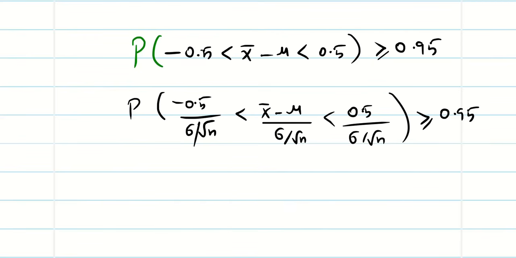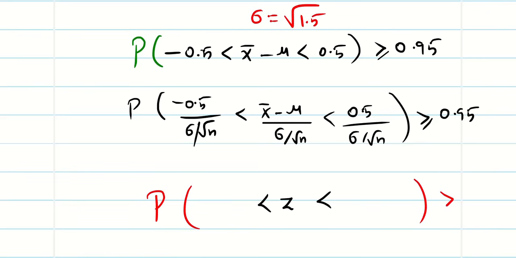Now we can see this is going to be Z and we know the sigma value. What is the sigma value? Sigma is going to be the positive square root of 0.5, so my probability is going to be greater than or equal to 0.95.